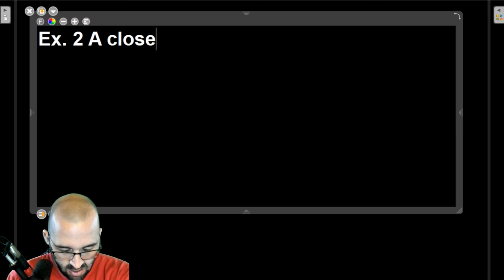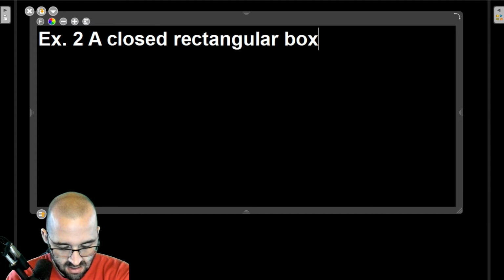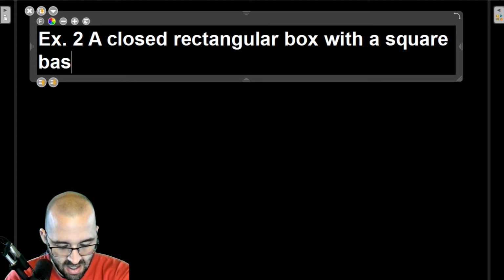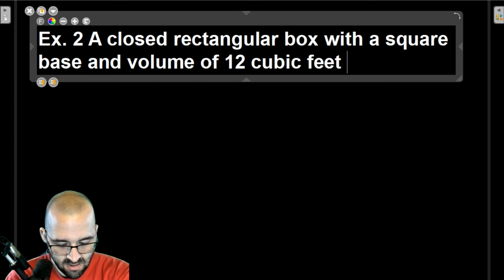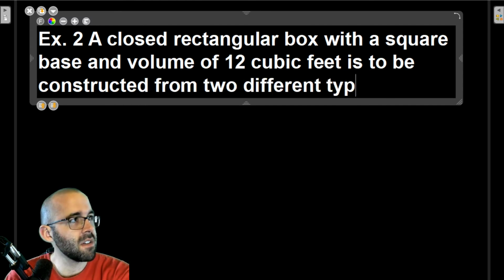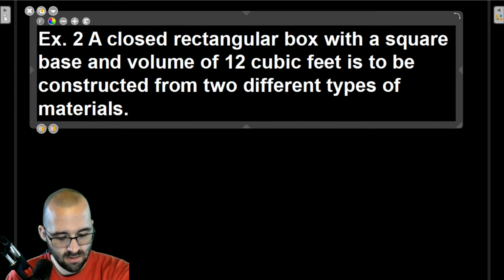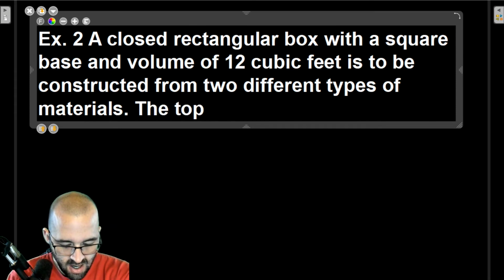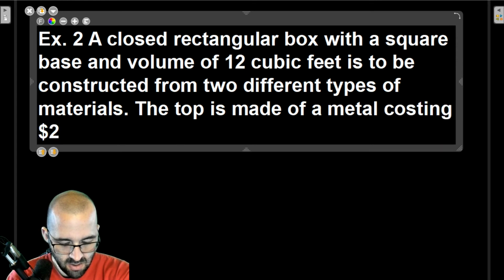we have a closed rectangular box with a square base and a volume of 12 cubic feet. And that's to be constructed from 2 different types of materials. The top of this box is made of a metal costing $2 per square foot.